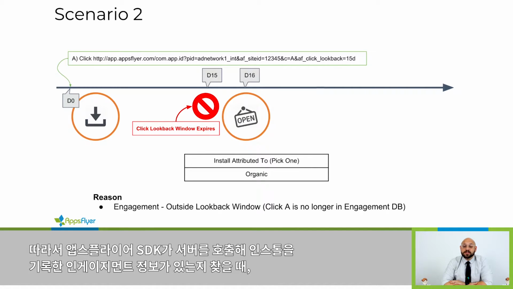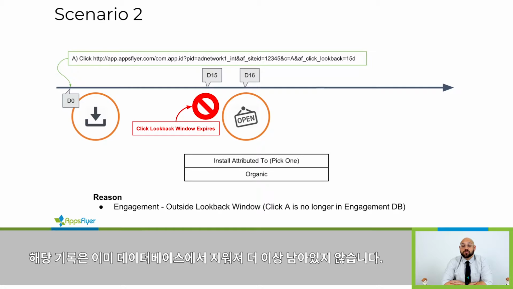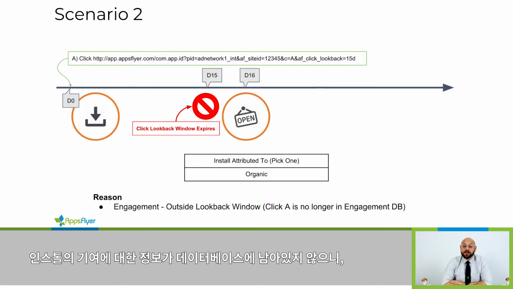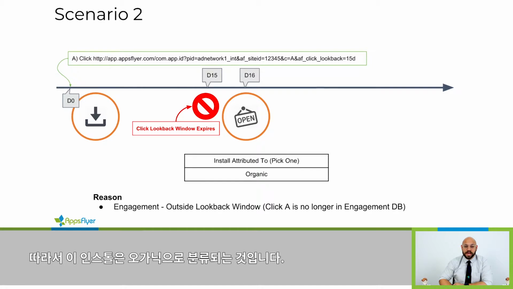So when the AppsFlyer SDK called back to the AppsFlyer servers and asked if there were any engagements, that record was already deleted from the engagement database and no longer existed. Because there was no engagement that could be attributed to that launch, this install went to organic.